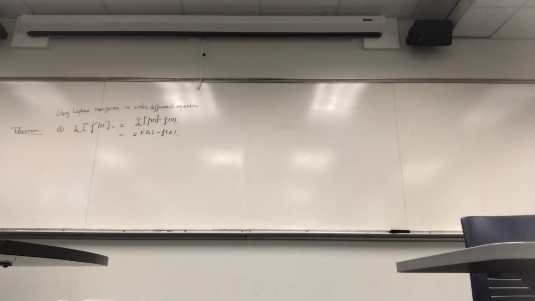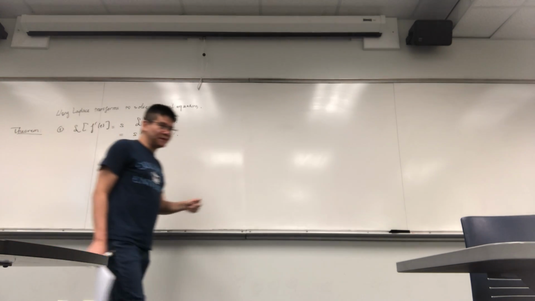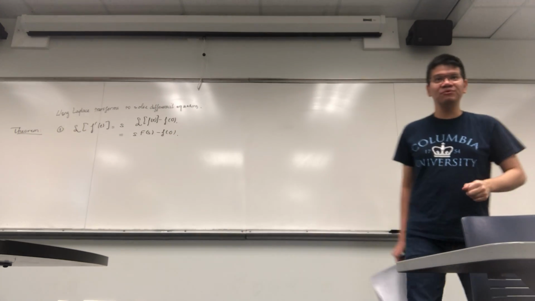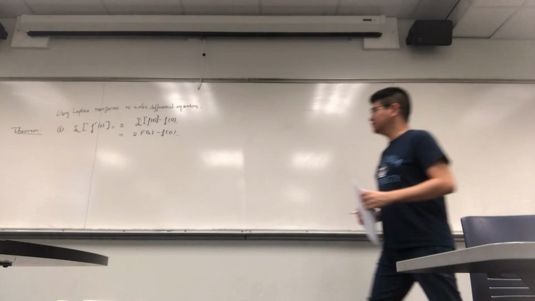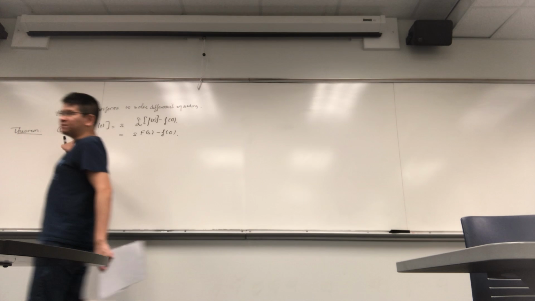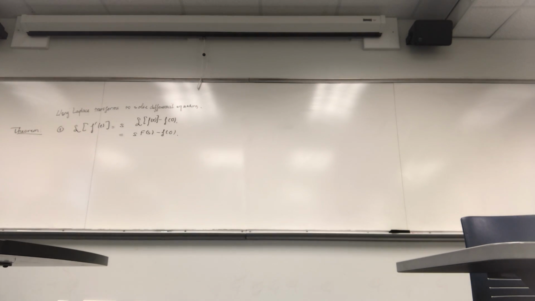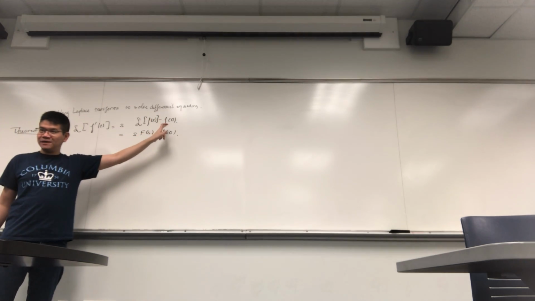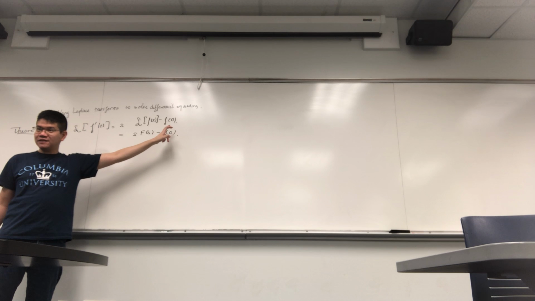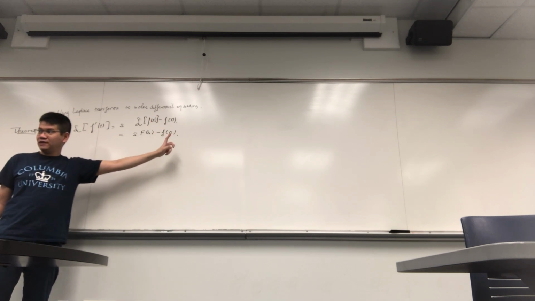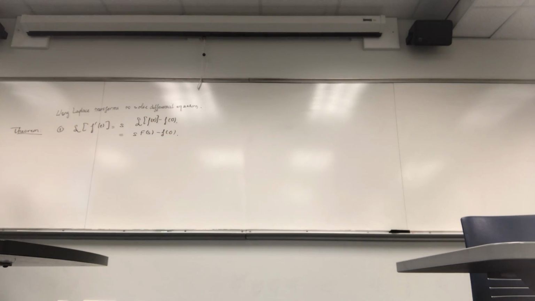All right? This is the formula to compute the Laplace transform of the derivative. This is something that we learned in the first lecture. So if you want to compute the Laplace transform of the derivative of a function, you multiply the Laplace transform by s and subtract f(0). All right? This is the theorem that we learned.